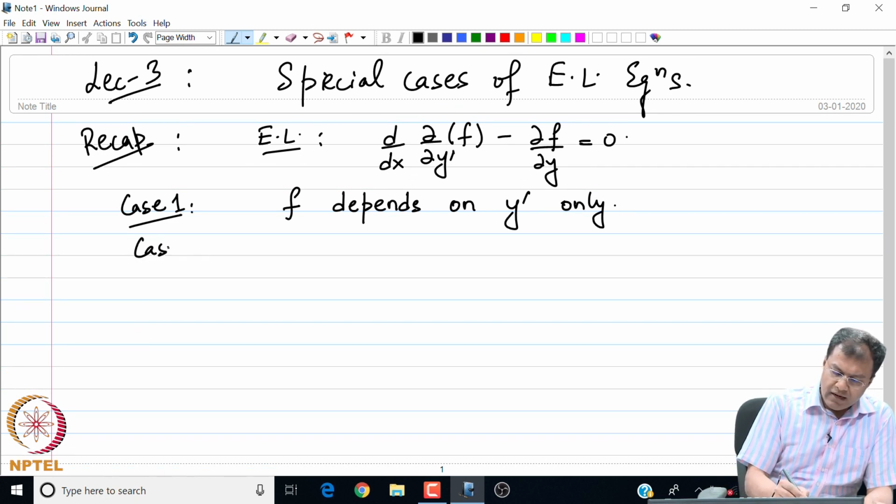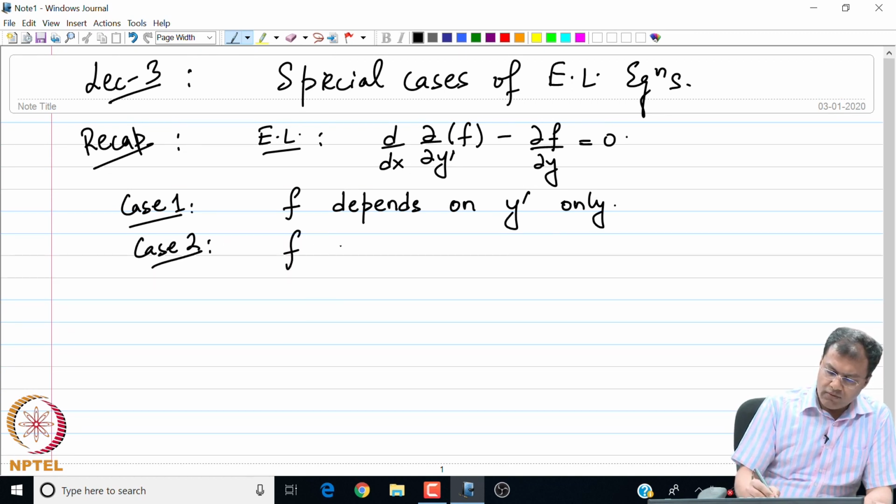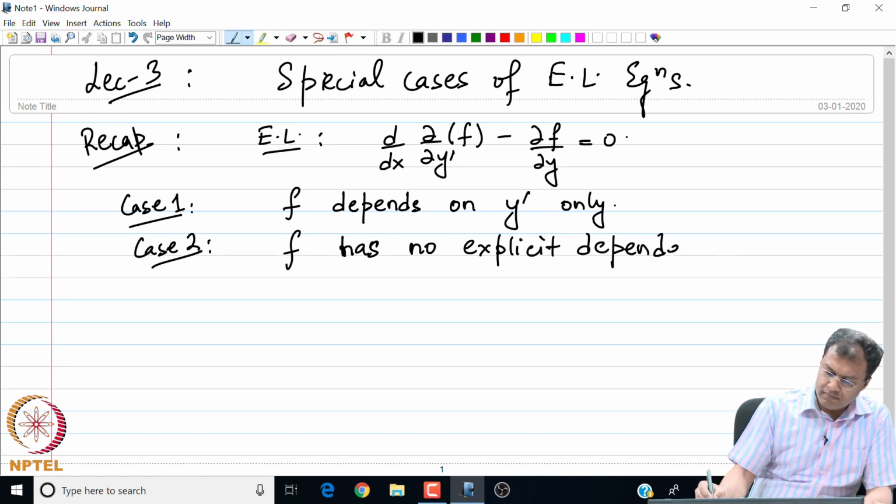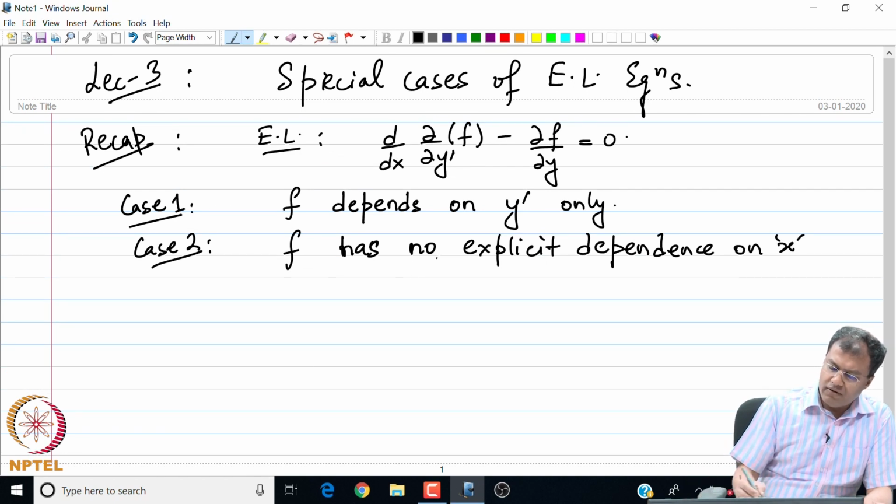In the second case we will look at the case when f has no explicit dependence on x. Okay. So, we will see that f is only a function of y and y prime, right.